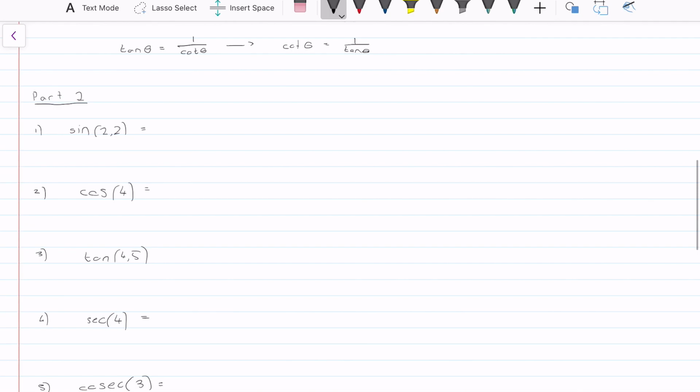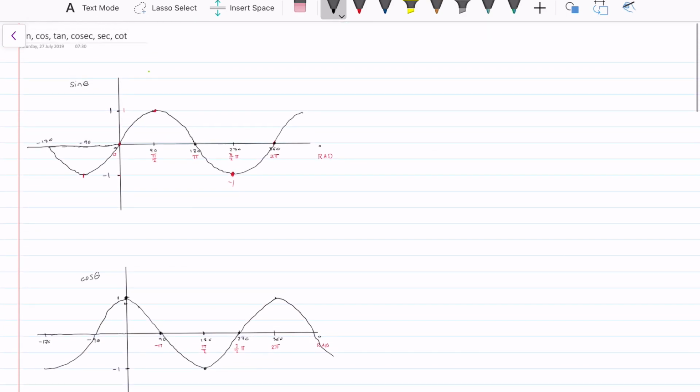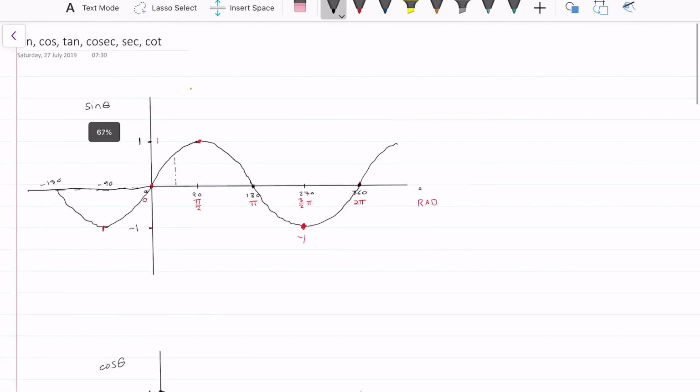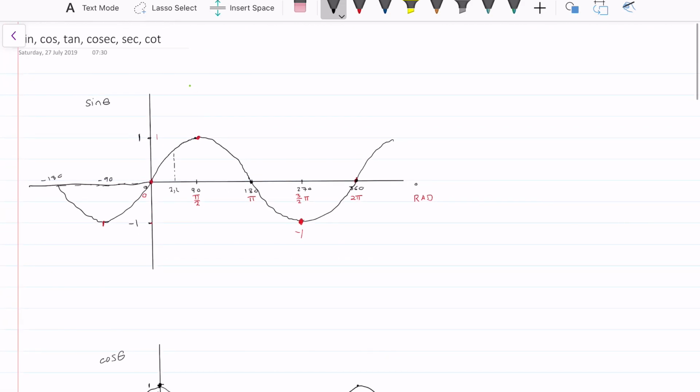Essentially, we're just asked to get the answers to these questions. But before we do that, let's think about what we're actually being asked. We've got sine of some angle theta. We've been given this x-axis value, and when we get 2.2, we're being asked to find, let's zoom in, there we go, the y-intercept.